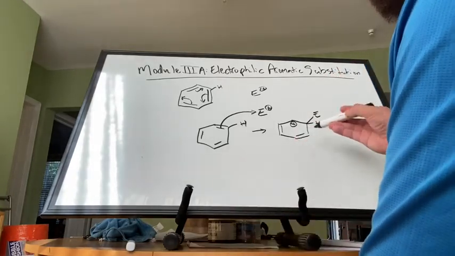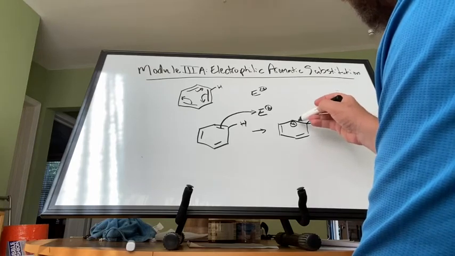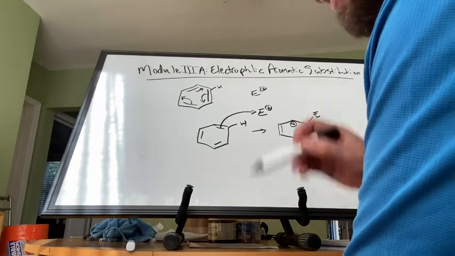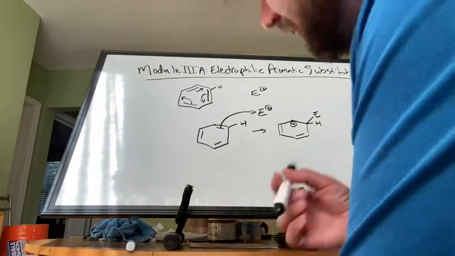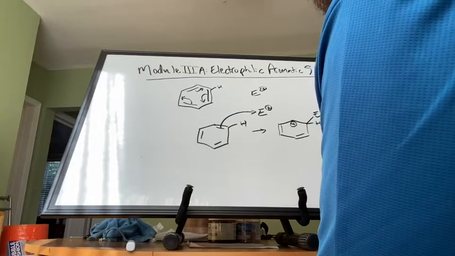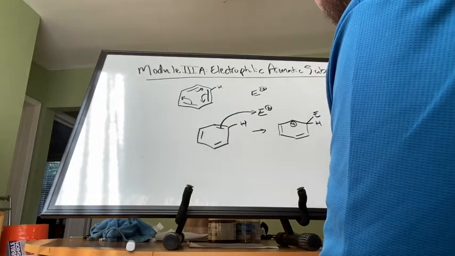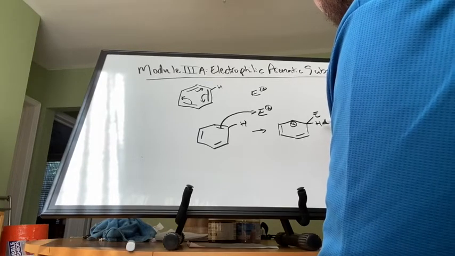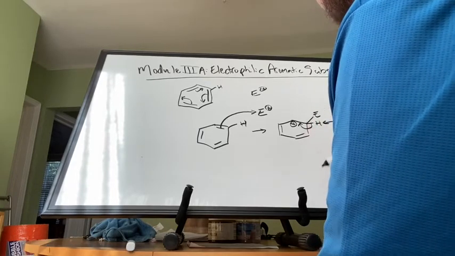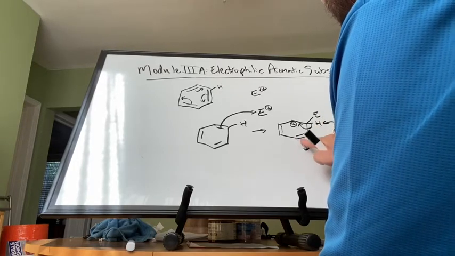Okay, so what's really driving this hydrogen getting removed and these electrons popping back over is, as you would expect, aromaticity, i.e. stabilization. Okay, so now we have some base, some generic base, whatever it is, picks up that hydrogen and aromaticity is reestablished.